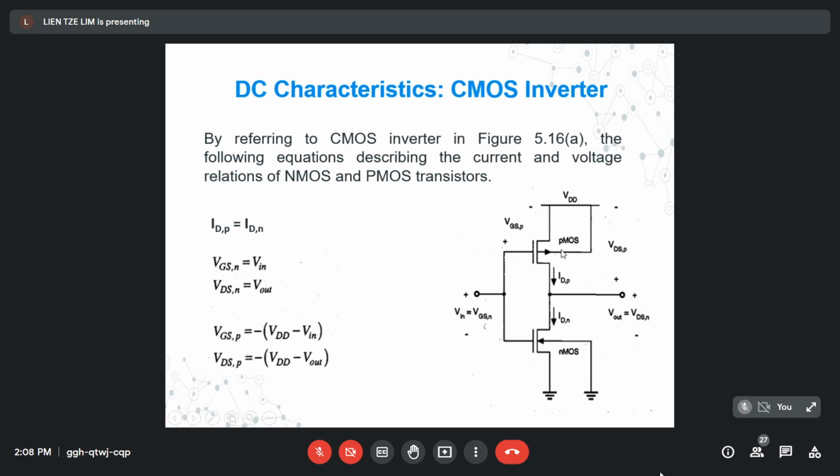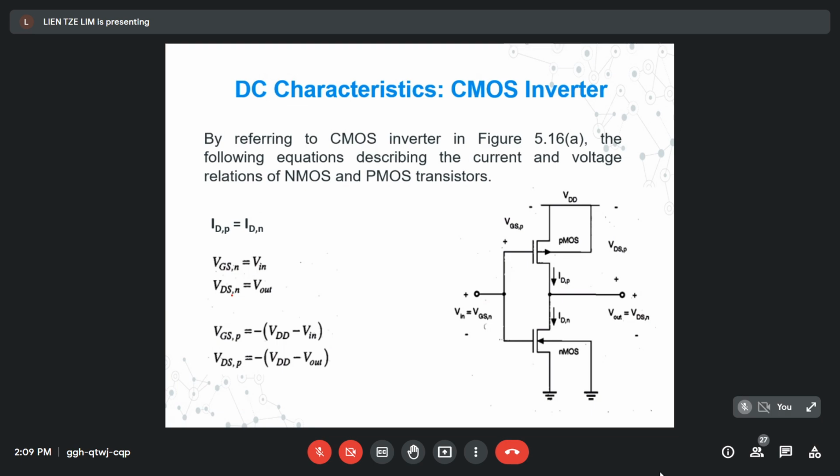Here, given the equations, the drain current of the PMOS is equal to the drain current of the NMOS. When there is a current flow from the PMOS, the current flows from its drain terminal to the drain terminal of the NMOS. They are equal. For VGSN, this is the VGS for the NMOS, and we can also call it V in.